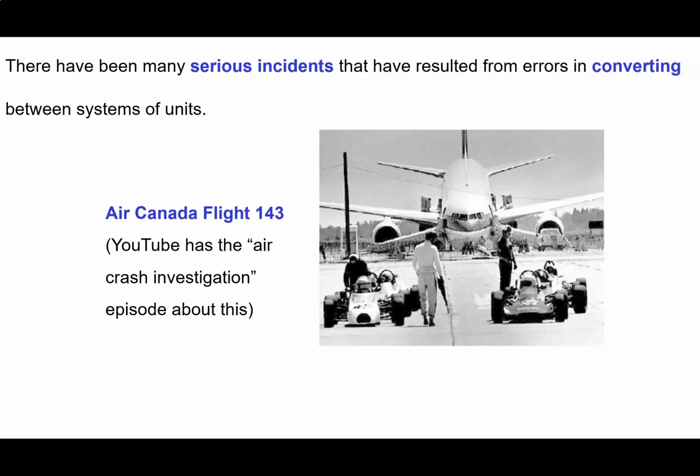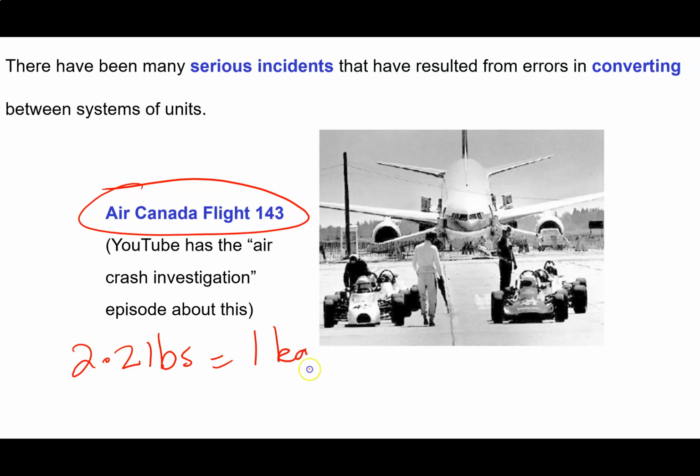So a good example of where confusion between systems of units has caused an issue was with Air Canada Flight 143. And what happened here was the confusion between pounds, of which there are 2.2 pounds per kilogram, and kilograms.